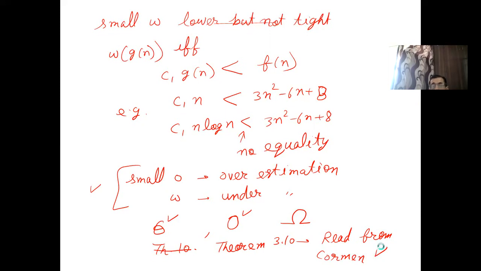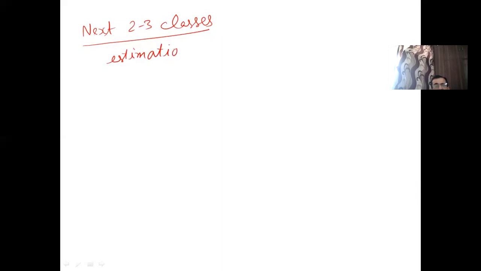With this, we are going to wind up. And before I wind up, let me say that now the next 2 to 3 classes, what we are supposed to cover is how to estimate the time complexity for recurrence relations.